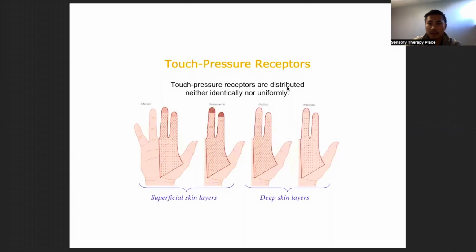This sensory information is processed and interpreted by a specific area of the brain known as the somatosensory cortex, forging a crucial link between touch and cognitive understanding. Within the hand, there are various types of receptors responsible for detecting different aspects of touch, pressure, and temperature.